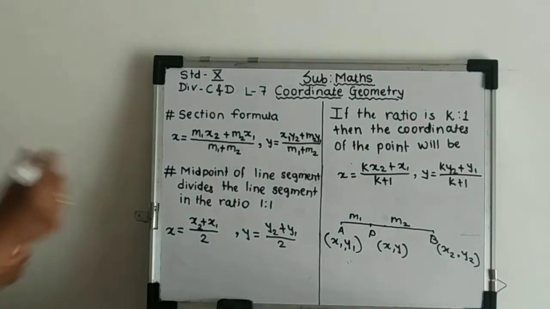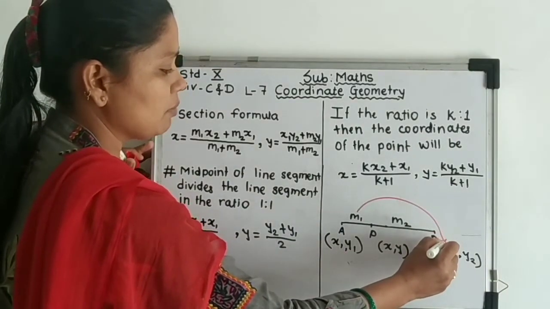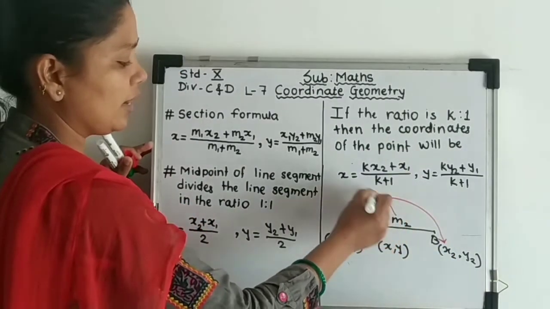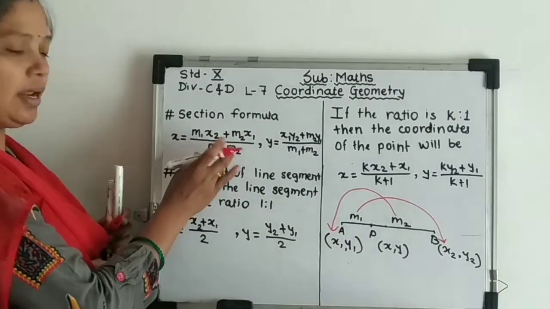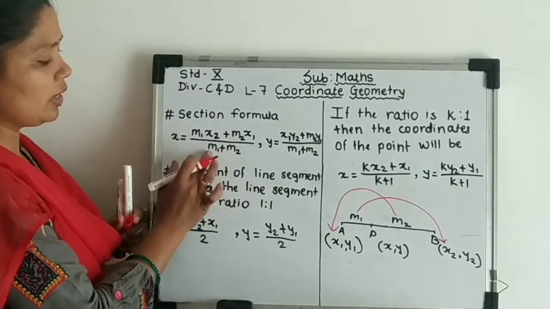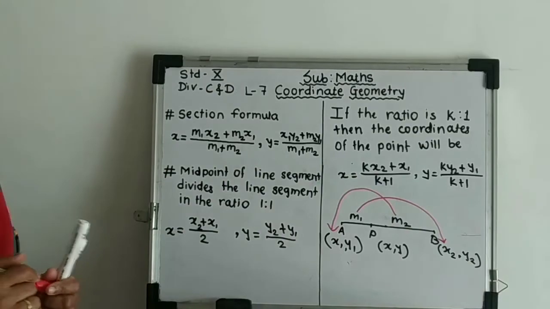So that is the section formula. m1 is multiplied with x2 and m2 is multiplied with x1. That will be our x coordinate, divided by m1 plus m2, the addition of m1 and m2.